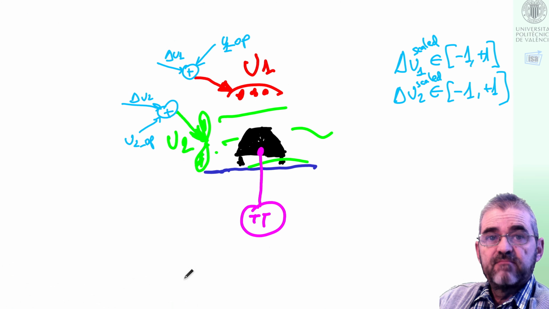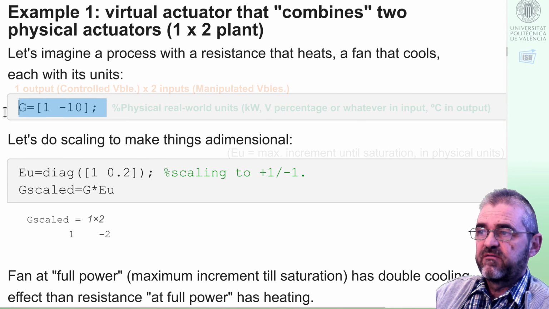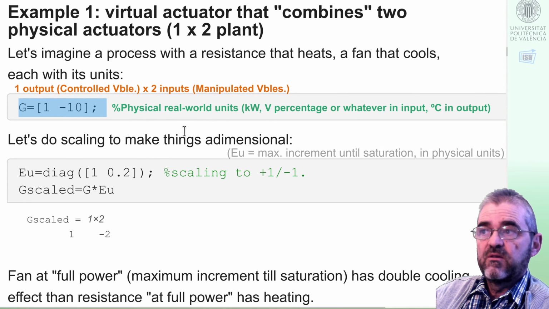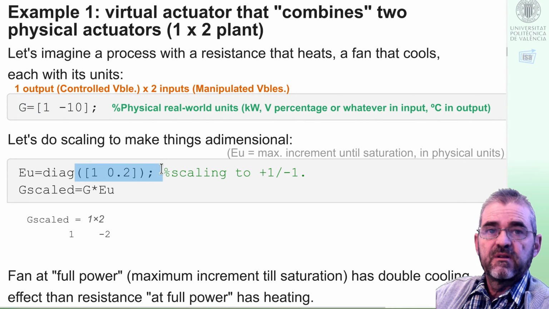So which will be the DC gain of this resistor plus blower temperature control system? Well, we may have a DC gain in whatever physical units, but after some scaling, say the blower can increment or decrement its power in, let's say, 0.2 units, whatever they are in physical terms.